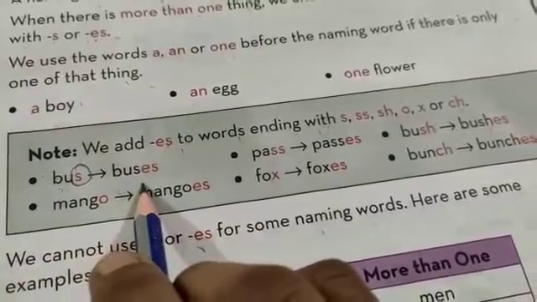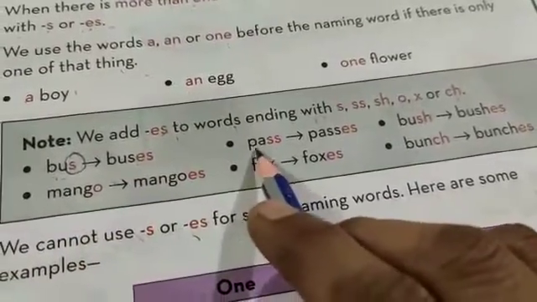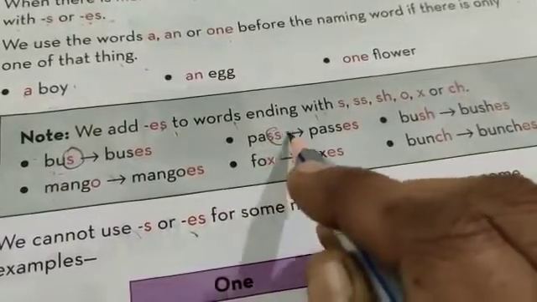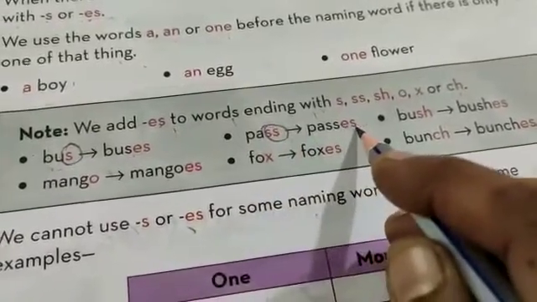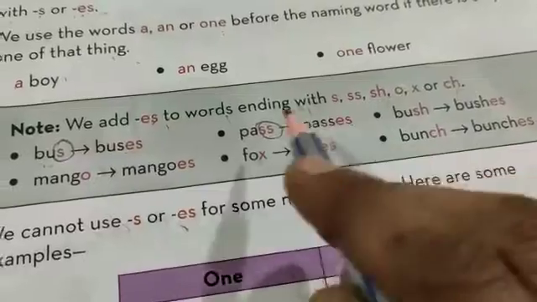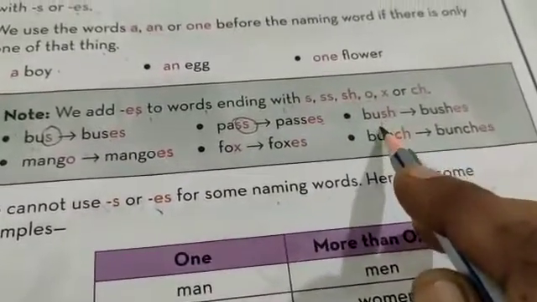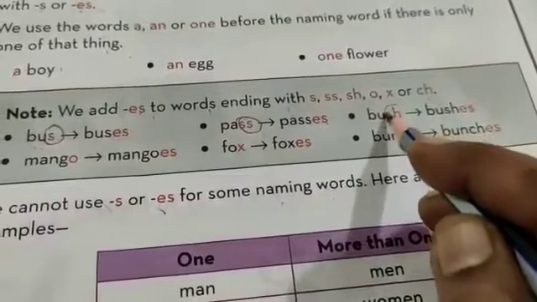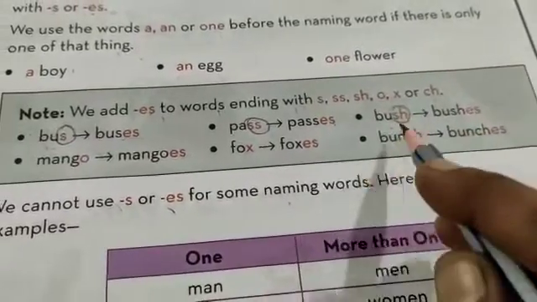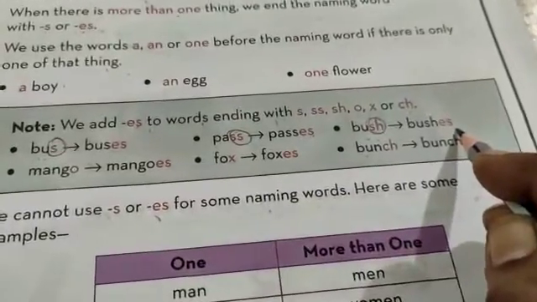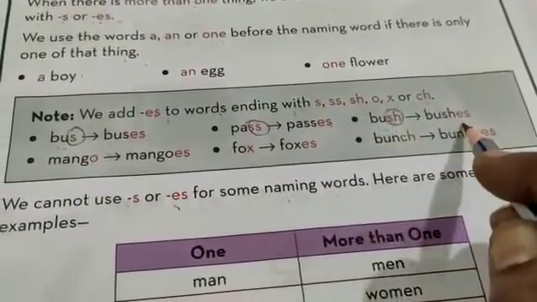Bus, buses. Next example pass ending with double S. That is why we add ES to make it plurals. So pass, passes. Bush ending with SH. Okay, we add ES to make it plurals. So bush, bushes.